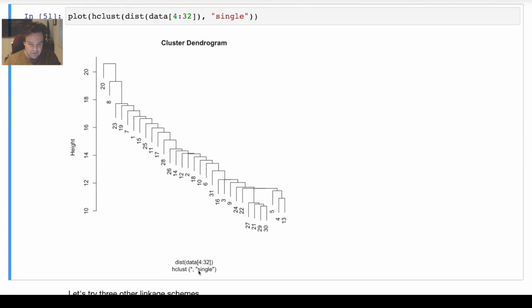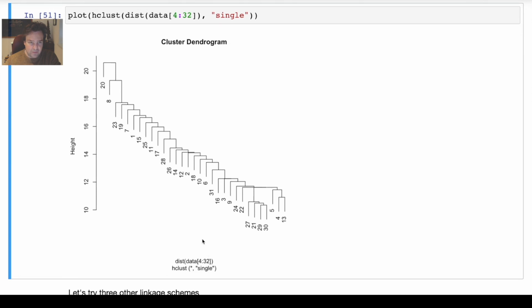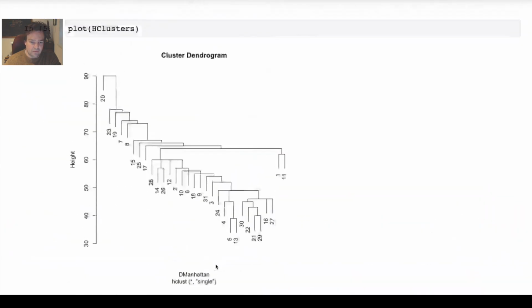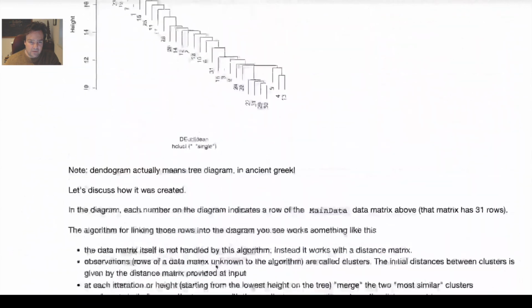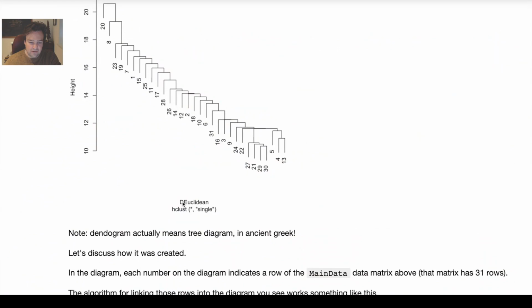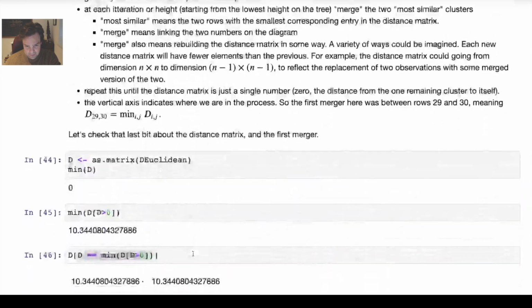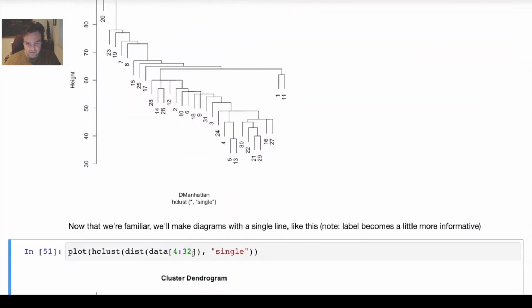The label that's shown down here tells you a little bit more information. It tells you exactly what it was applying. So you see that it's using the distance matrix based on some data matrix, whereas before, I think all you get is you're told that it's handling the object Euclidean, d-Euclidean. So you get a little bit more information shown on the plot, but that's not really that interesting.